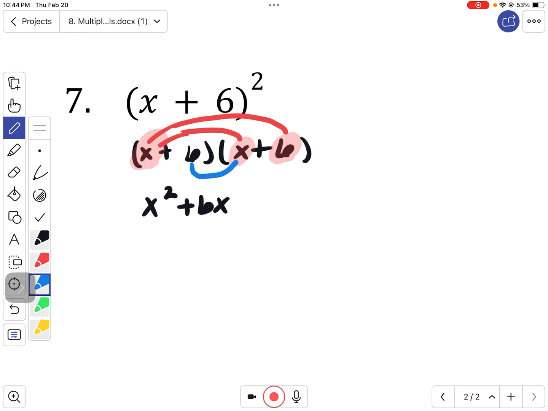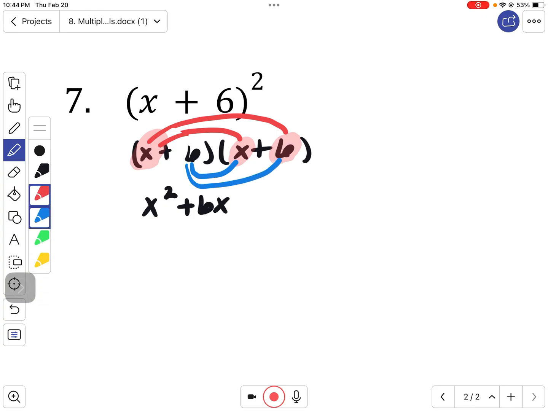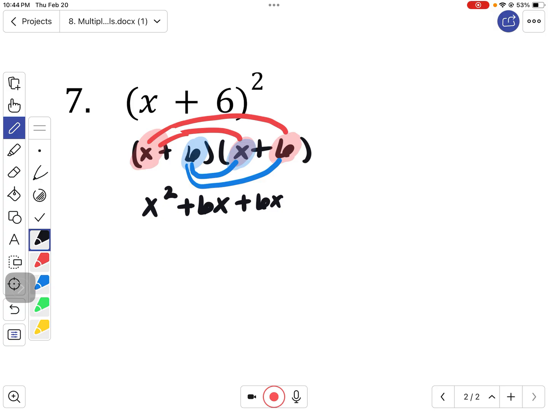So I want 6 times x, and I want 6 times 6. 6 times x gives me 6x, and they're positive, so plus 6x. And then 6 times 6 is 36, so plus 36.